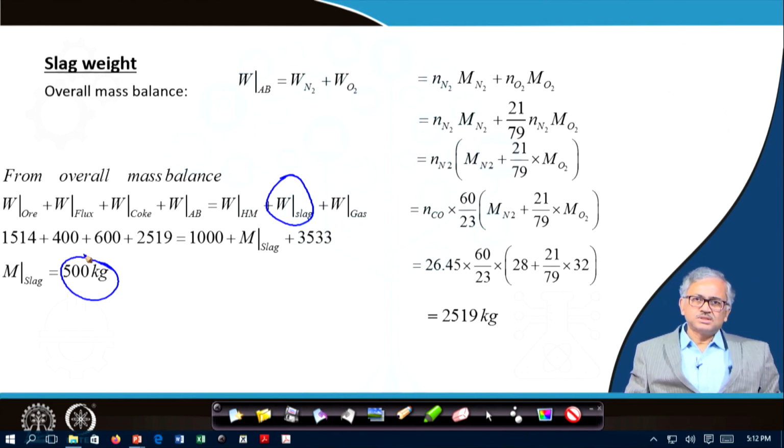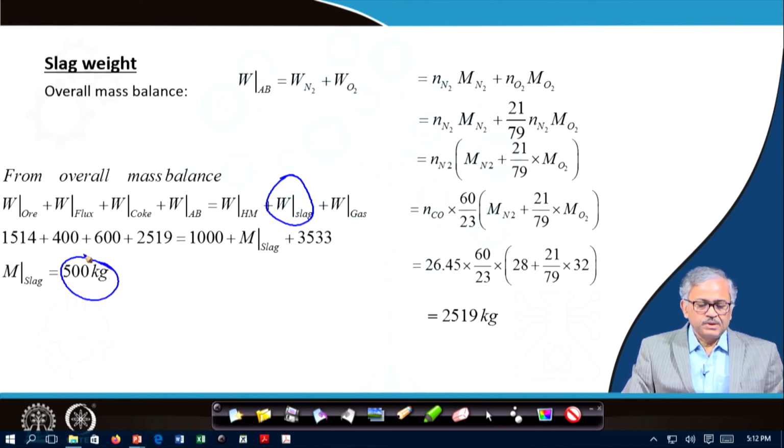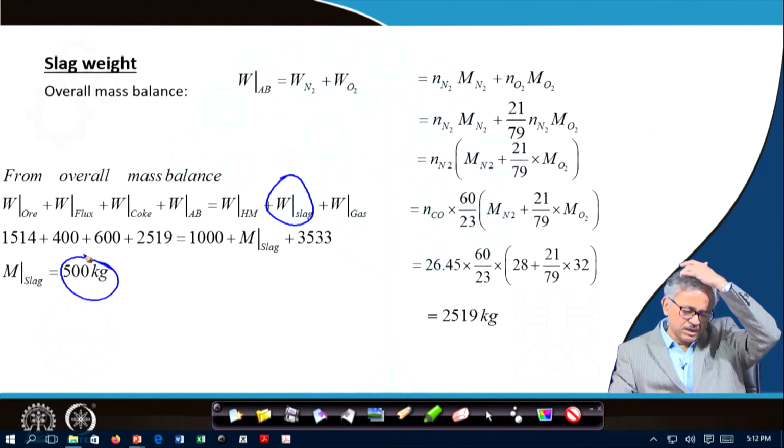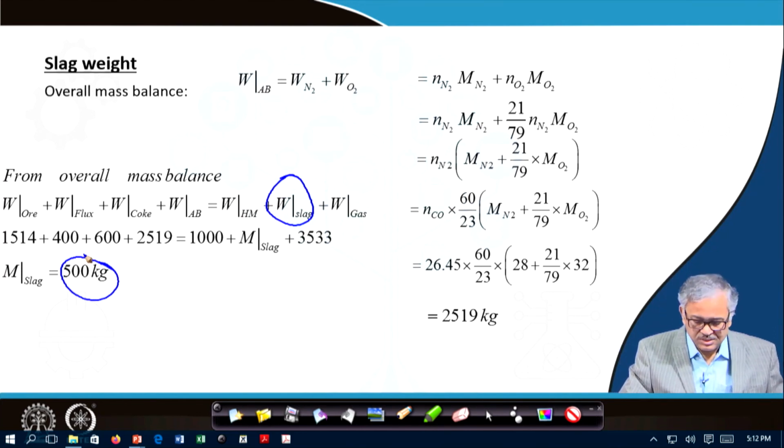Any continuous process becomes steady state after starting, because everything inside comes to a steady state operation. Sometimes it becomes unsteady state, for example when you want to increase productivity and increase the air blast, some transient situation goes on, and then again it comes to a steady state.